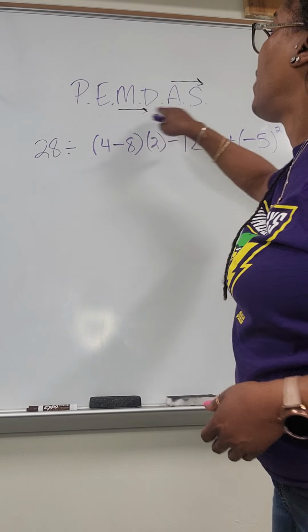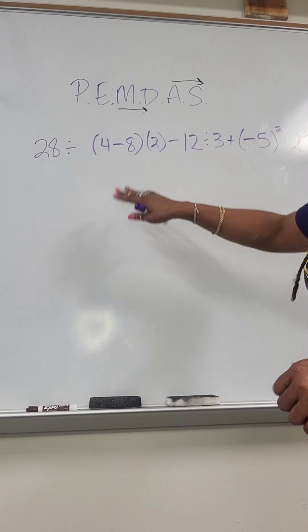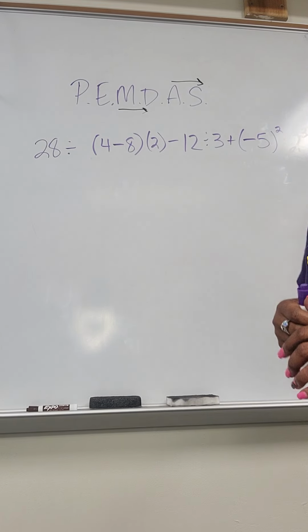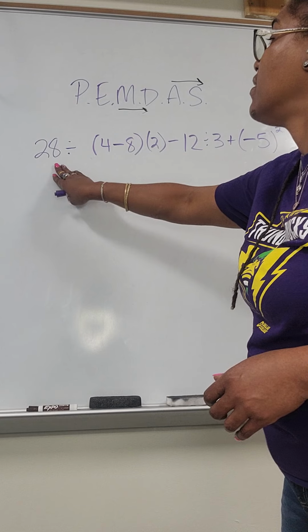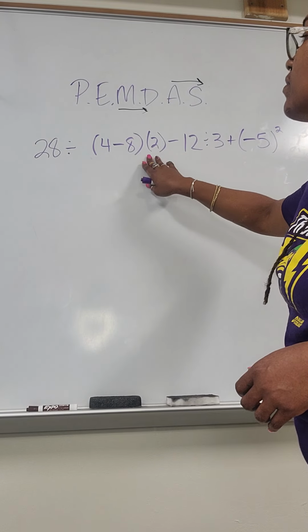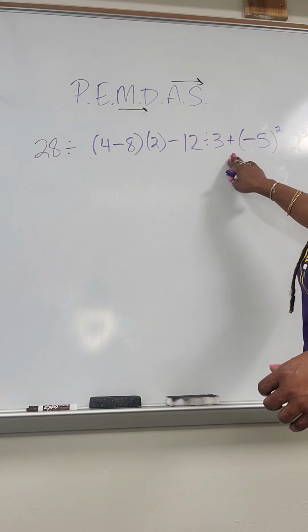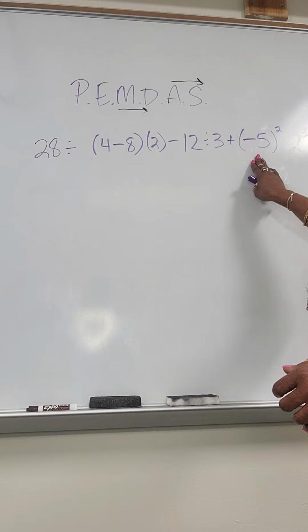But as far as evaluating this, and like I said, one change per line, we're going to start and read what we have. We have 28 divided by 4 minus 8 times 2 minus 12 divided by 3 plus -5 squared.